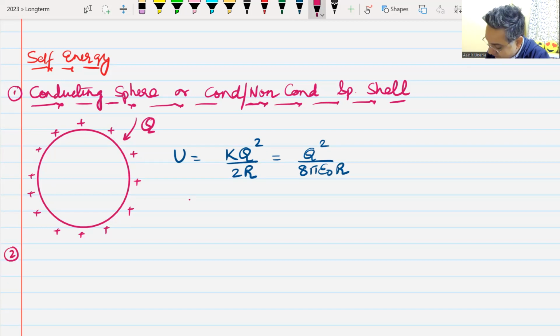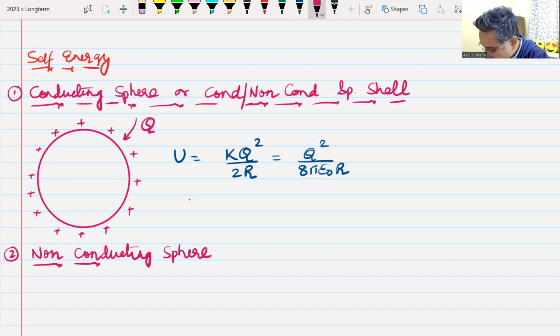The second one would be non-conducting. Non-conducting sphere. For a non-conducting sphere, energy will be stored inside. Charge will be coming inside as well as on the surface. Yes or no? Yes, sir.